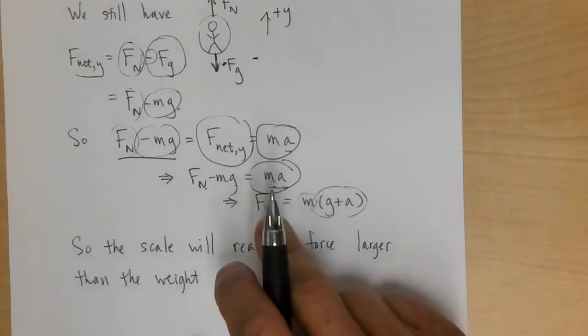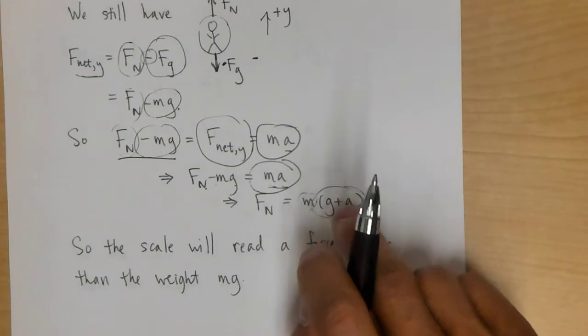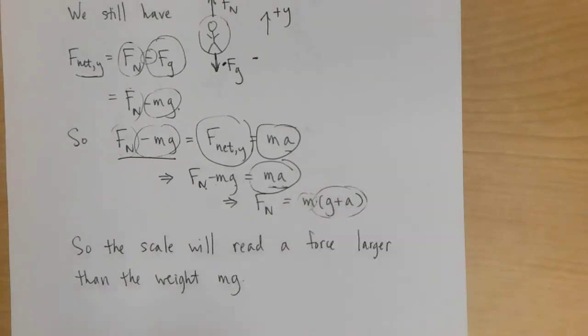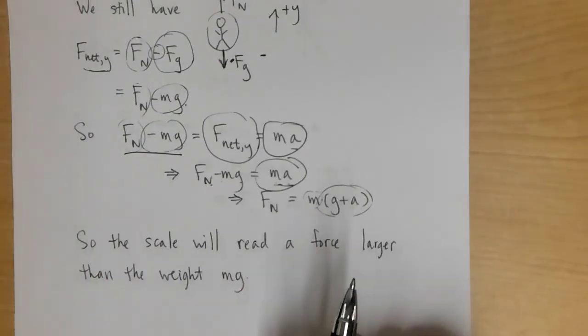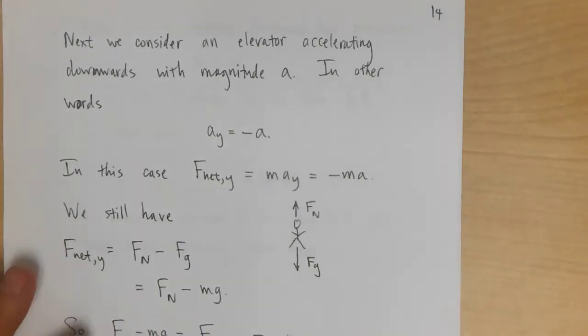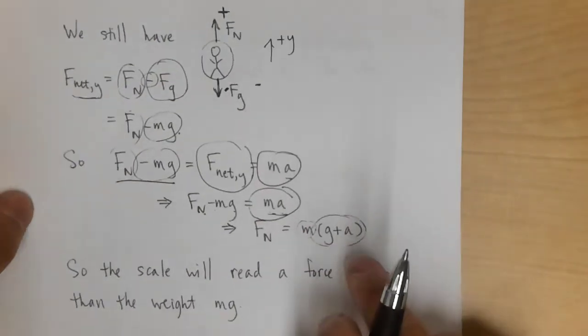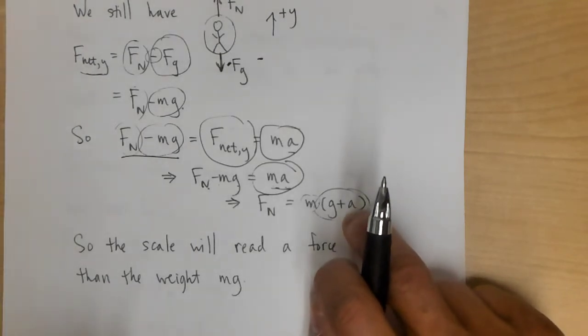So the normal force will be bigger than the weight. It will be bigger because we're adding the acceleration to g. So the scale will read a force larger than the weight mg. That hopefully makes some sense. If you are accelerating upwards very quickly, you'll feel it in your legs that you feel rather heavy.